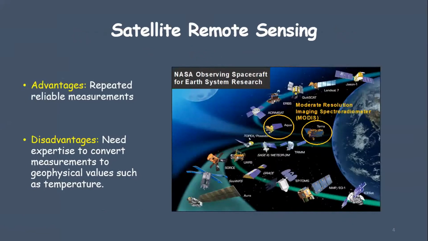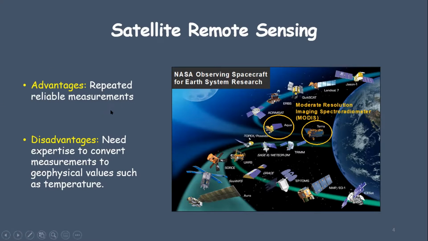So when we talk about satellite remote sensing, obviously every technology has some advantages and some disadvantages. The main advantage of using satellites for remote sensing is that we can have repeated, reliable measurements. Different satellites have different revisit times, for example 15 days or 1 day, depending on their orbit and configuration.